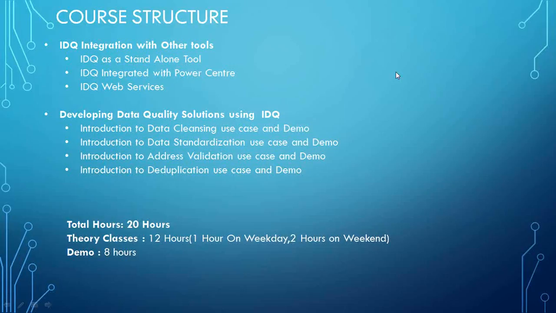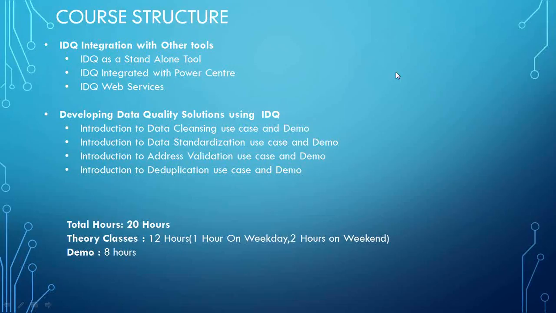Okay, so about the business use cases that you will be demonstrating during the training. Yes, on this particular slide, we have around four business use cases. The first one is data cleansing. When I say data cleansing, it could be anything. The simple requirement could be to remove special characters, or some other requirement could be to remove unwanted junk strings.